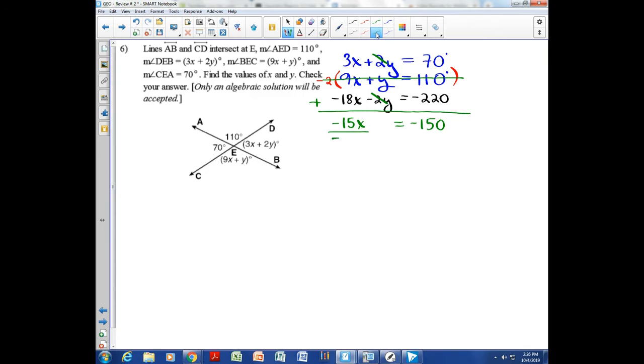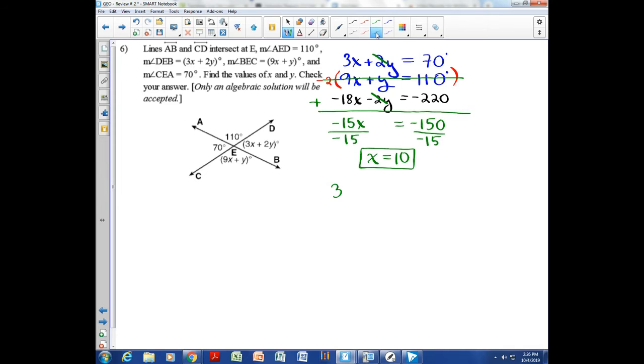Divided by -15 on both sides. And that would give me x is equal to 10. Well, once you have one variable, you can substitute that x into any of the other equations that you have in order to solve for y. So I'll take the top one. That looks pretty simple. So I'm going to substitute into my 3x plus 2y equals 70.